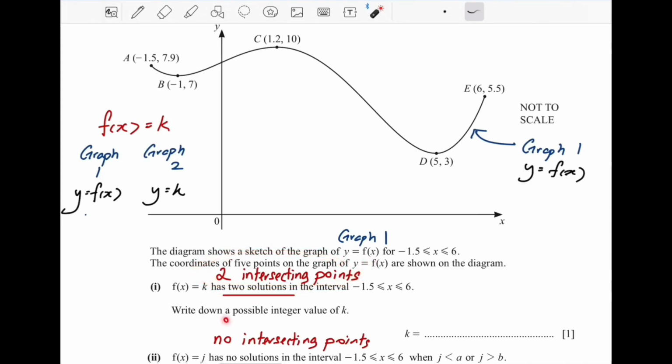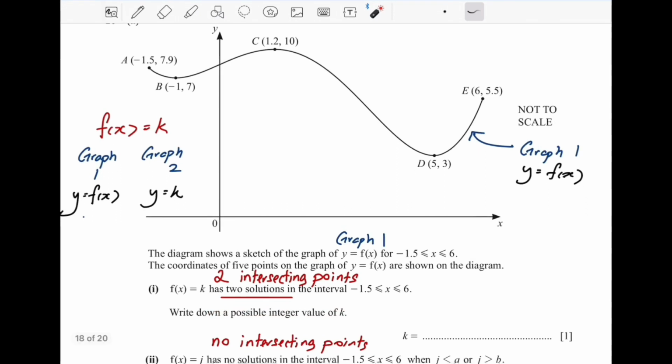So what could be the possible value of k, such that k must be an integer? Basically they're asking, where is this horizontal line going to be located on this diagram so that it intersects graph 1 at 2 points only.